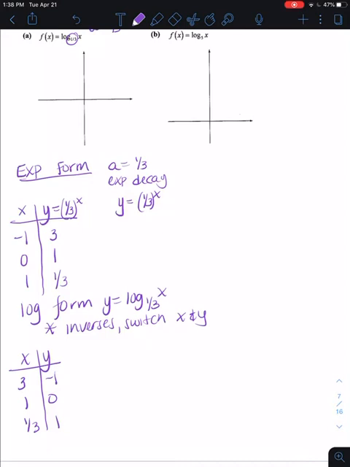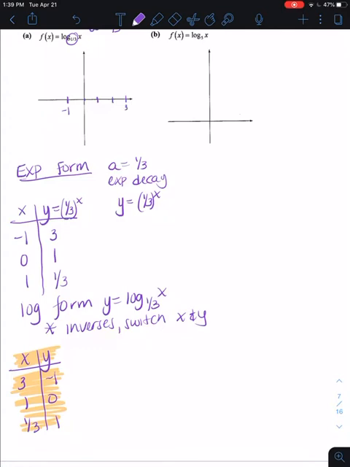So when I have an x value of 1 over 3, we'll say this is 1. So 1 over 3 will be here. Hold on, let me back up. All right, so this is where I'm graphing these points. So let me put some labels. So we'll say this is -1, 0, 1, 2, 3.